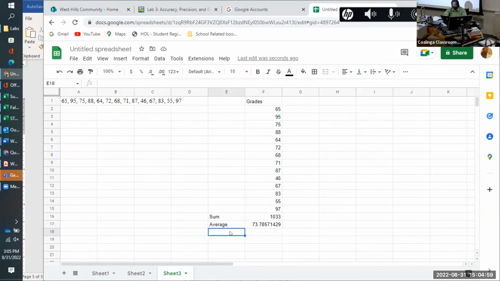So if I want the standard deviation, I'm going to put equal, and you already see it already did standard D, because I already said I want standard D. Right, and then all I have to do is hit tab. And then I've calculated my standard deviation.